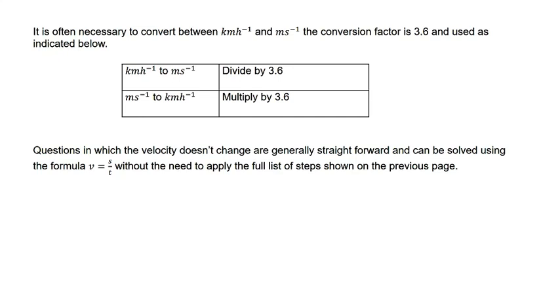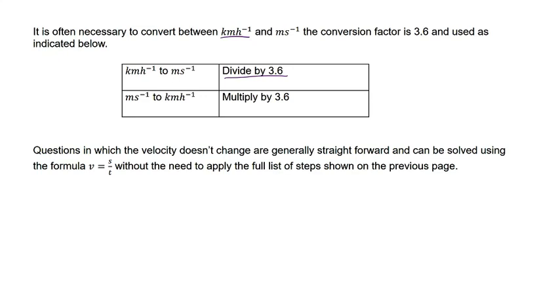So if we get a question that has kilometres per hour and we need to convert it to meters per second, we divide by 3.6. Similarly, to go from meters per second to kilometres per hour, we multiply by 3.6. Now that's something that's not on your formula sheet, so you will need to remember that.